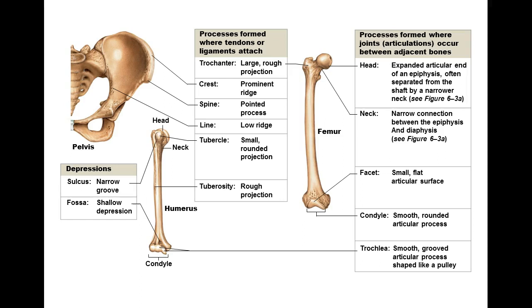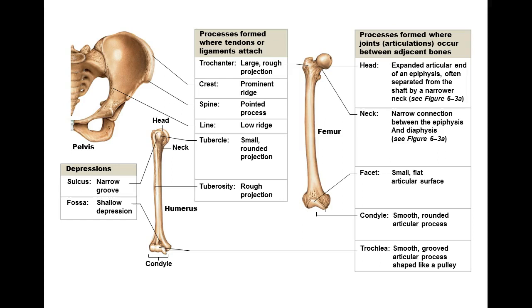A line is a low ridge. A tubercle is smaller than a trochanter, so it's still a rounded projection, but smaller. And then tuberosity is a little bit rougher, and tends to be a little more obscure than the tubercle or the trochanter.